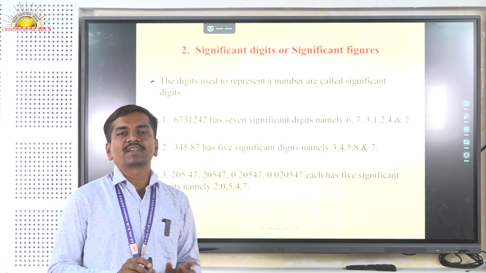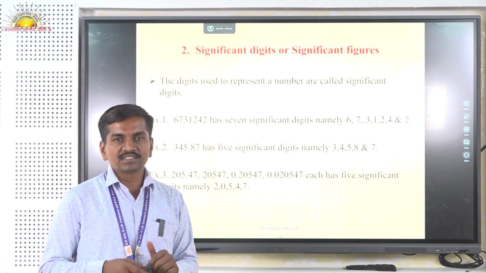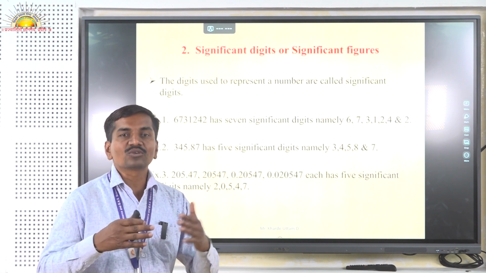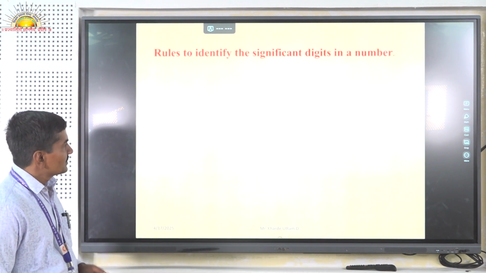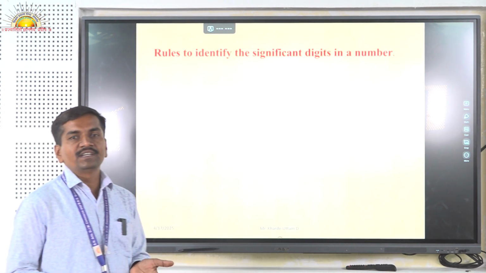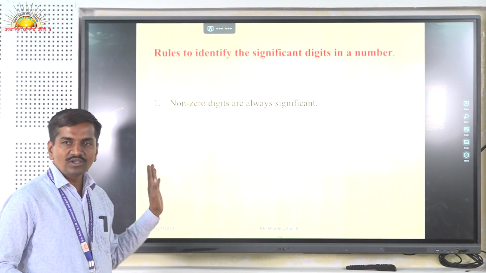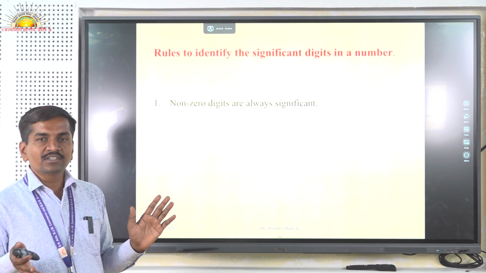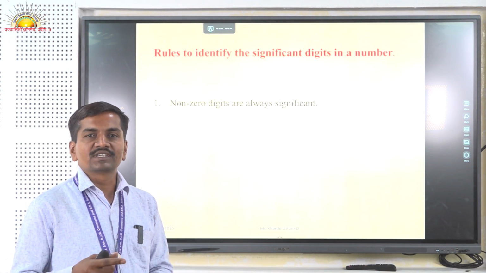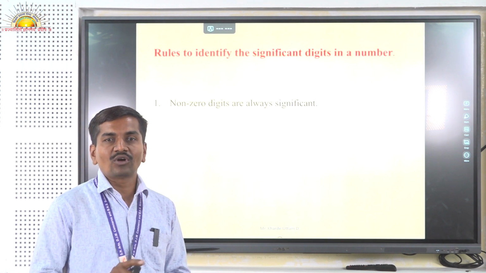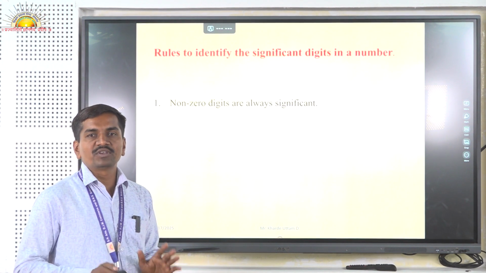So the question arises in our mind: which digits are considered significant digits, that means what are the rules to identify or count the significant digits. Let us see the rules to identify the significant digits appearing in a number. The first rule: any non-zero digit, meaning 1, 2, 3, 4, 5, 6, 7, 8 and 9, is always considered a significant digit.